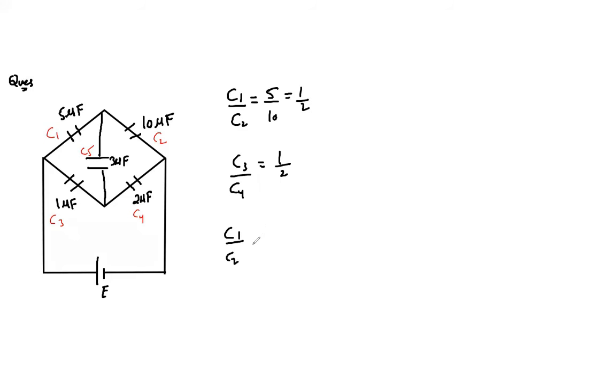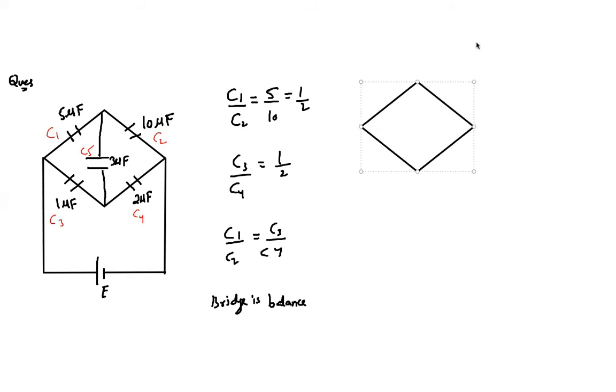So C1 by C2 is C3 by C4, which means the bridge is balanced. If this bridge is balanced, then you can easily remove this C5 from it. C5 is not making any contribution, just remove it.